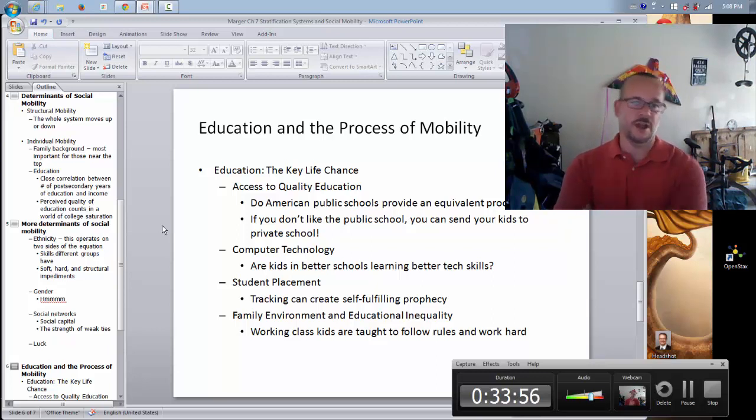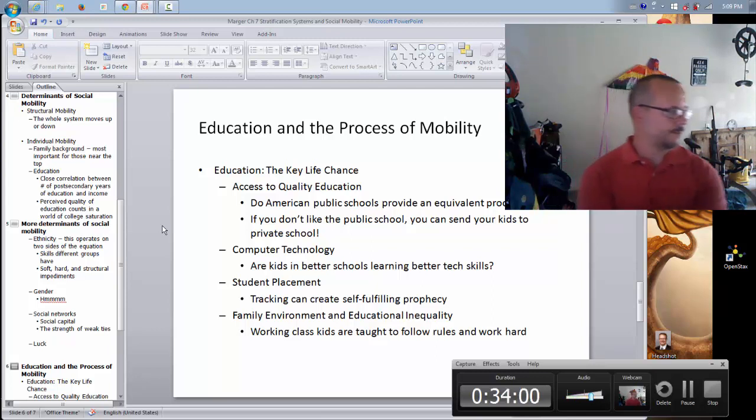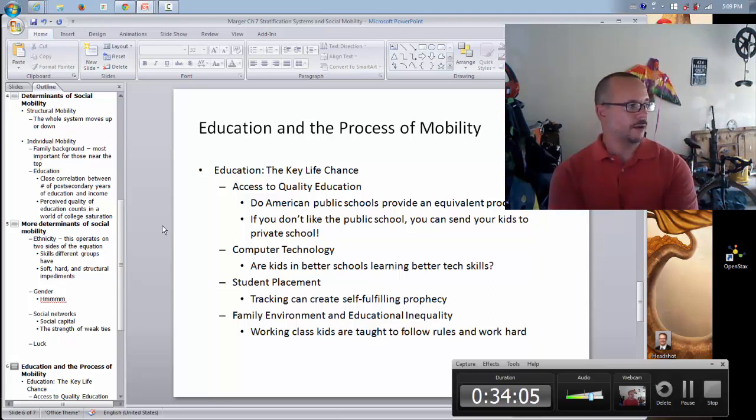So there you go. Now, the student placement, the tracking thing. Tracking can be a little bit tricky. Clearly, you can't give all kids the exact same education and expect to get the same outcomes. Different kids have different needs, so that's utterly to be expected. However, the sociology of education has found that there is a certain amount of self-fulfilling prophecy to tracking.